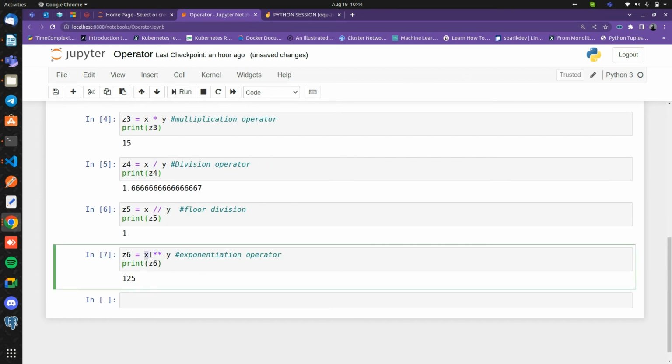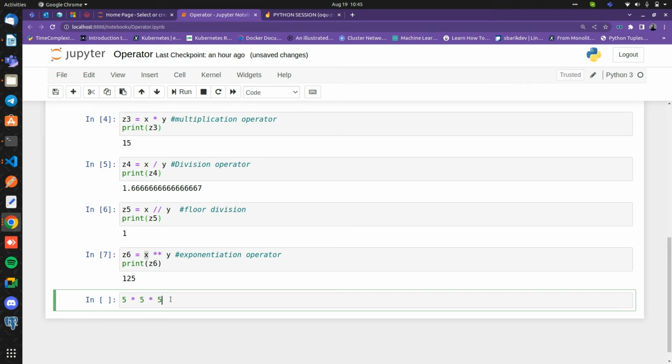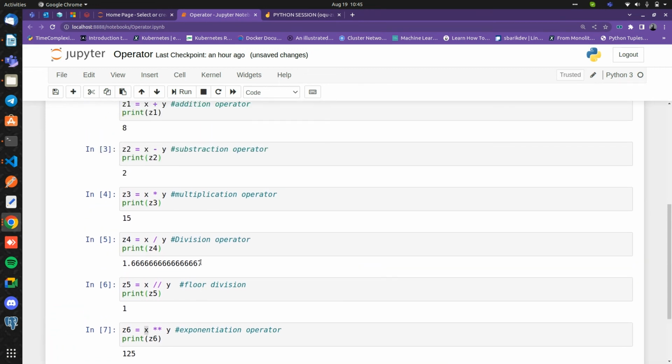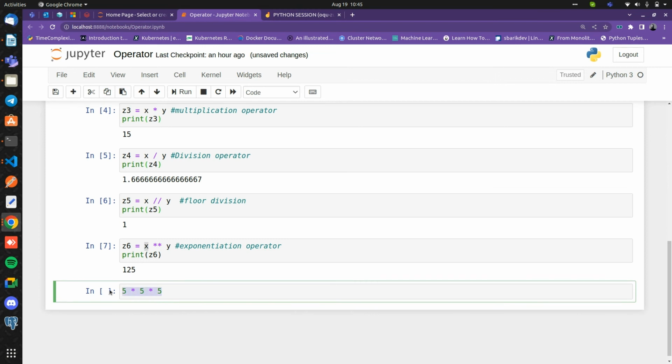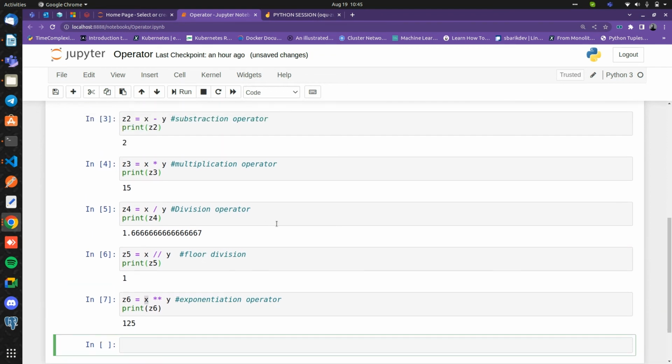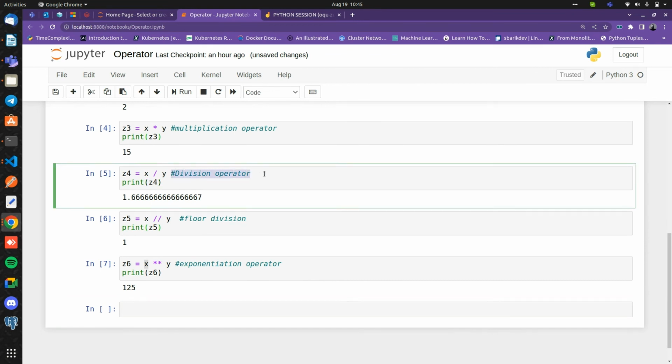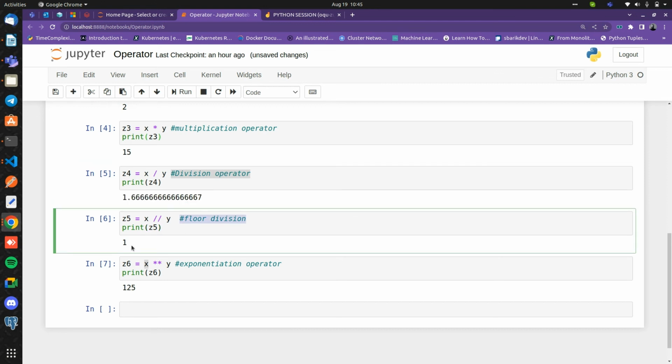So exponential means, I have x as 5, and 3 times 5 into 5 into 5. Exponential means the power, like the square of this one, where x is my 5. So this is called the exponential. And always remember that the division operator will always give you a float value, and the floor division operator always gives you an integer value.